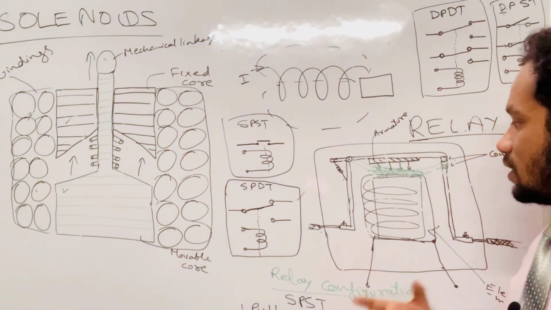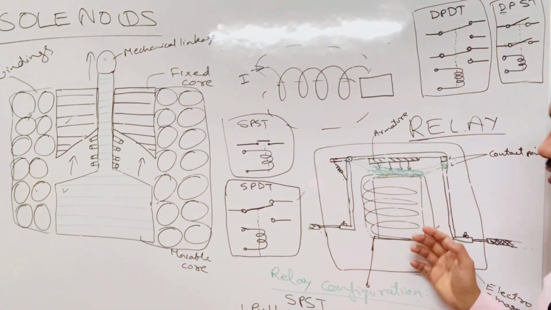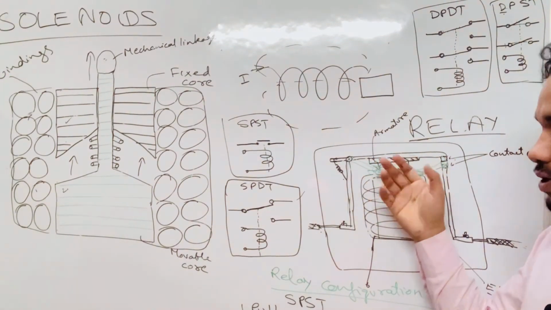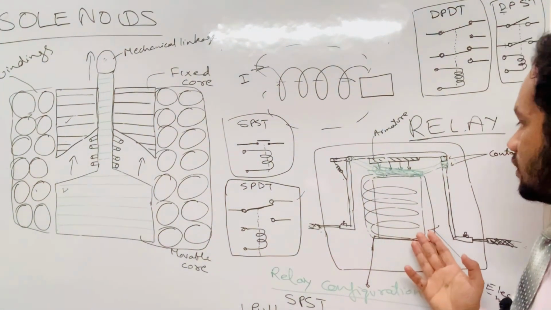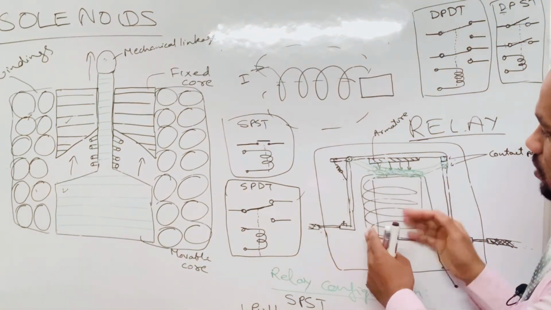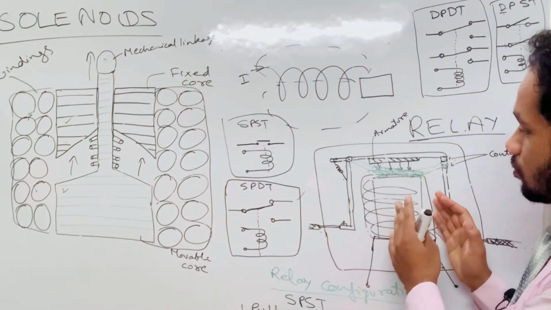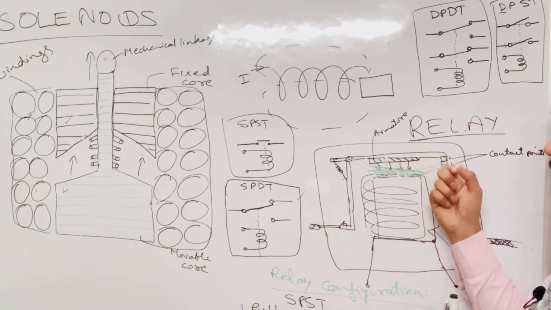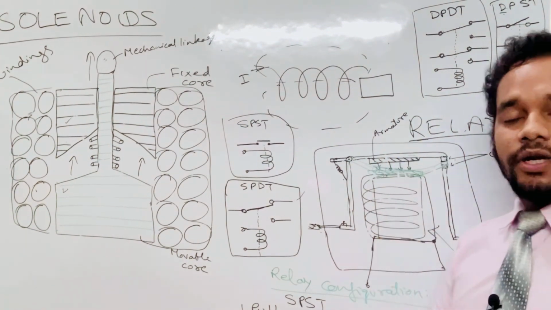Then we discussed the relay. In relay, we discussed its construction. It has a core and the contact points in an armature. When supply is given to the relay, it will energize its core. That means an electromagnet will be produced which will attract or repel the armature, and accordingly the contact points will open or close depending on the type of relay.